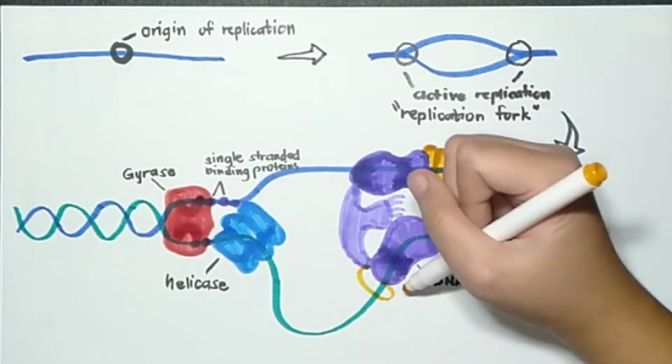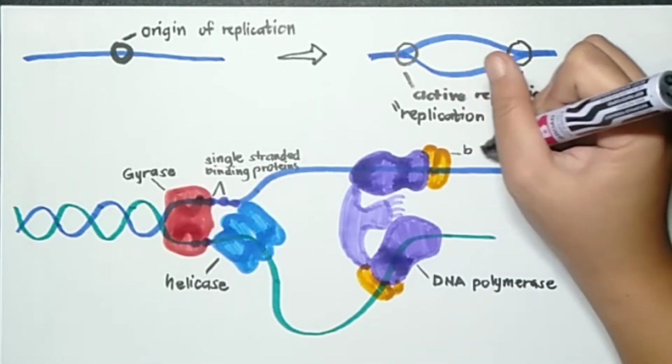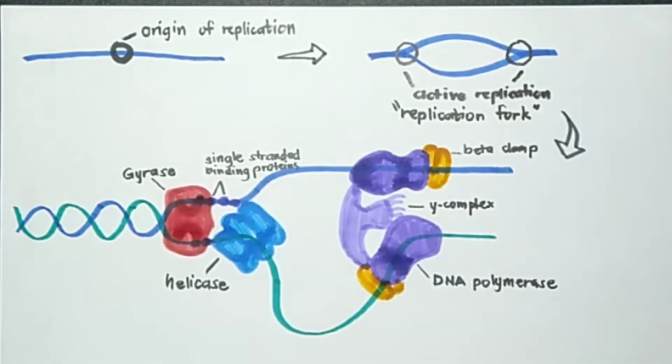Beta clamp and Y complex hold the DNA polymerase to make DNA in place.